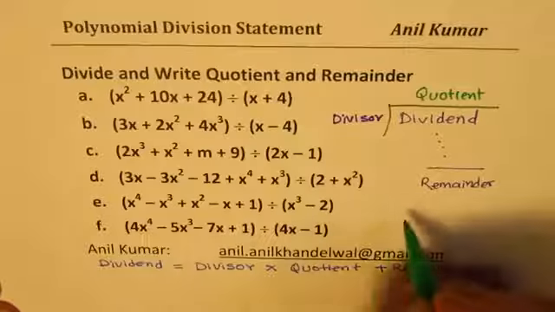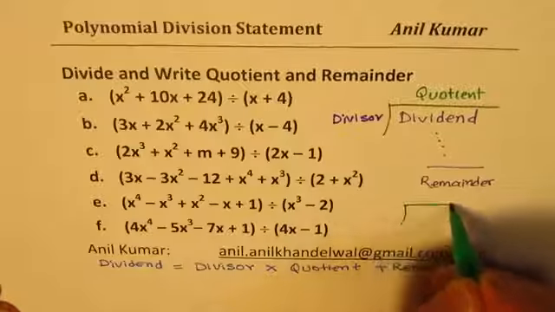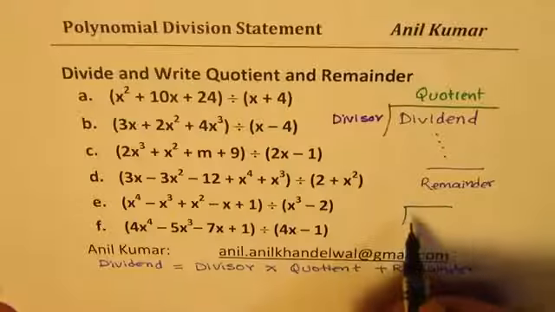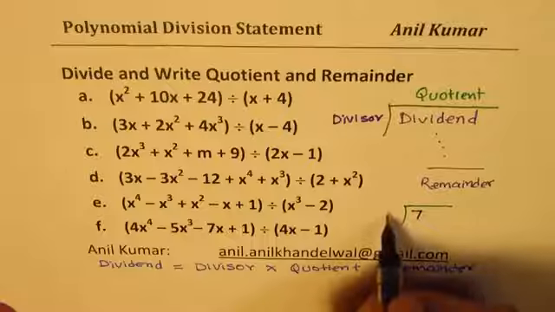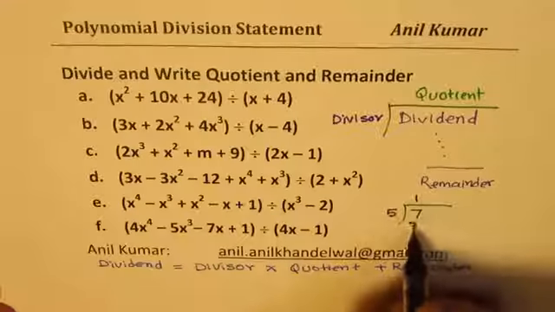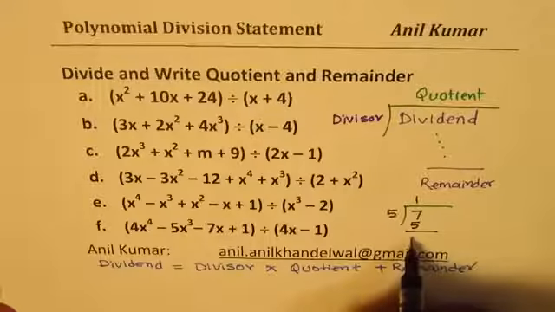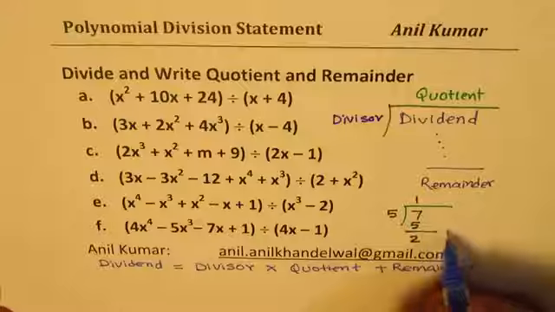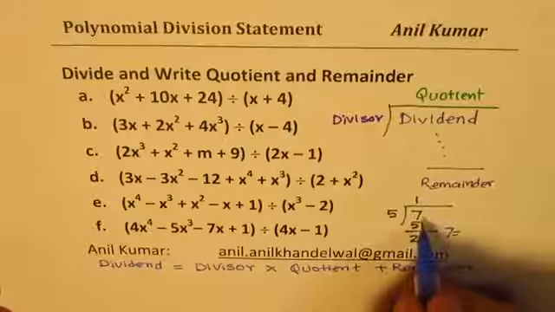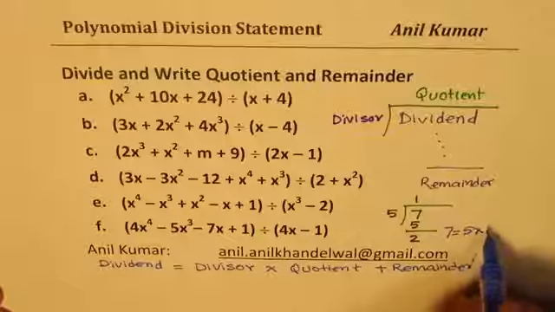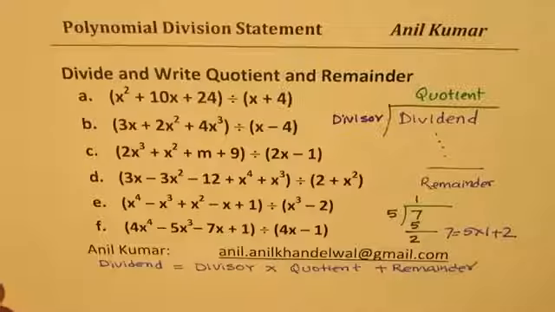Now, an easy way to remember all this is take a simple example. Let us say if I am dividing 7 by 5, then 5 times 1 is 5 and the remainder is 2. So you could write in this case that 7, that is the dividend, is equal to 5 times 1 plus 2, correct?